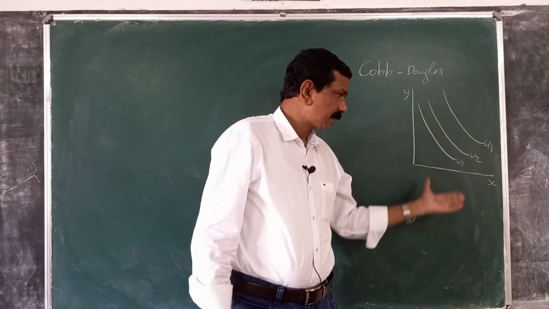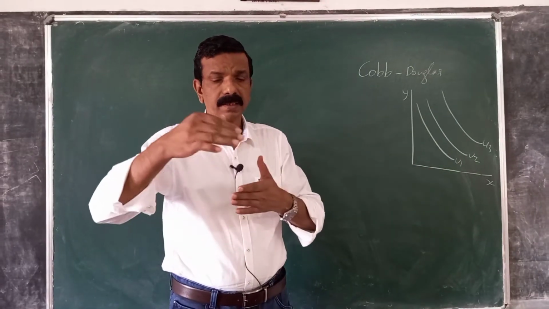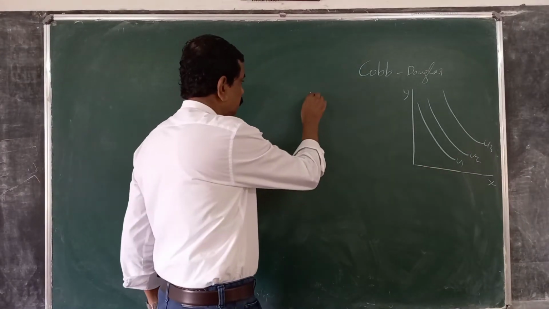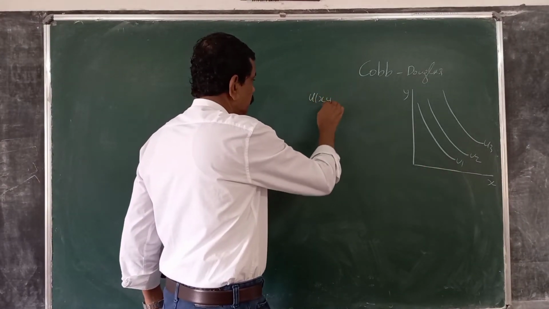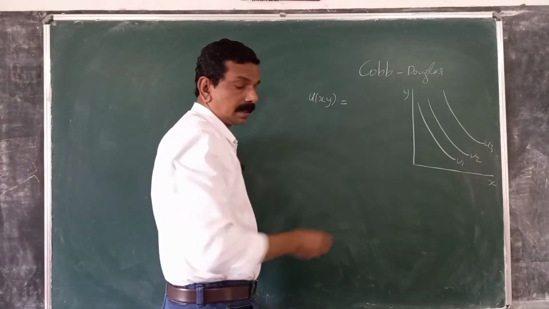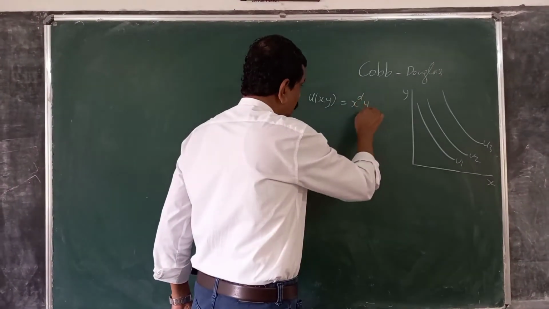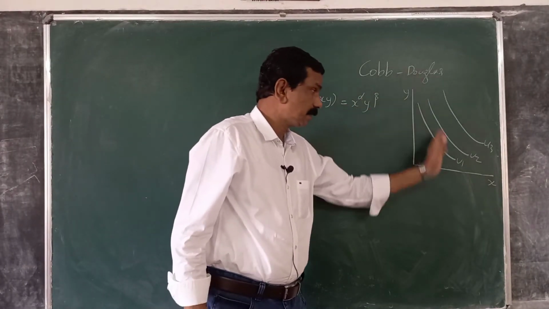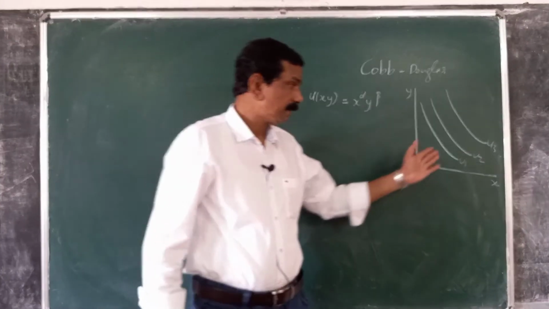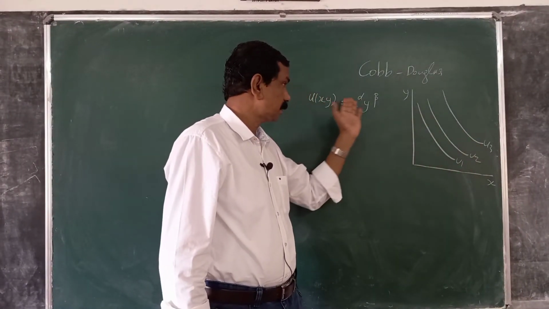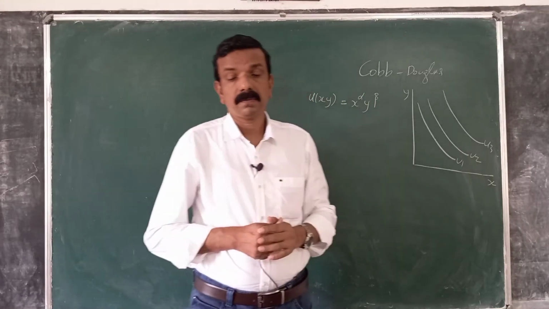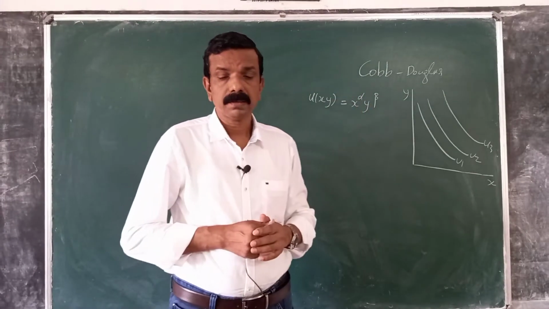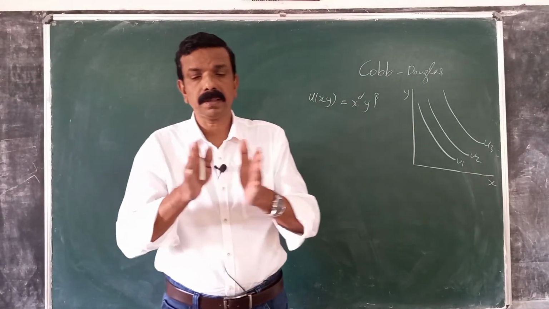A utility function which generates such an indifference curve is written as u(x,y) equals x raised to alpha y raised to beta, with alpha and beta positive constants, each less than 1.